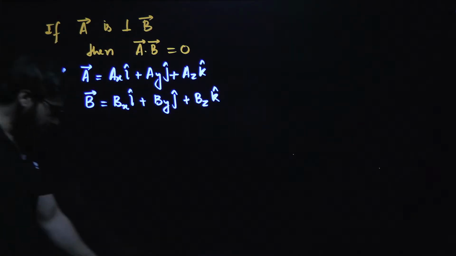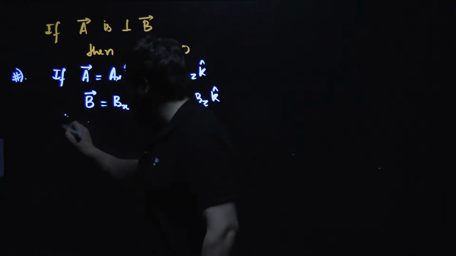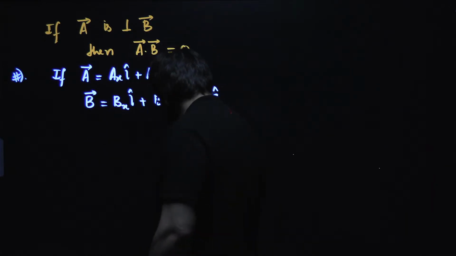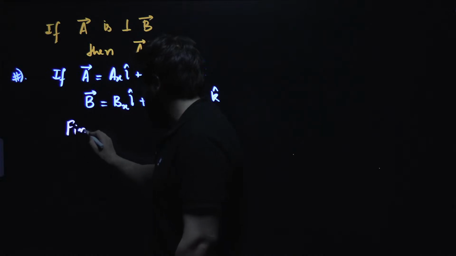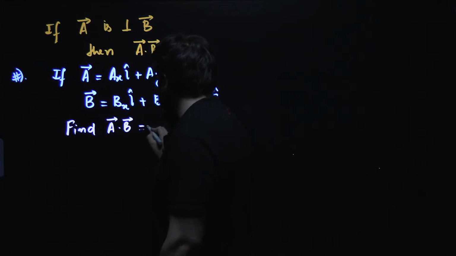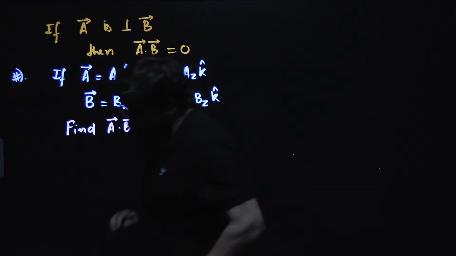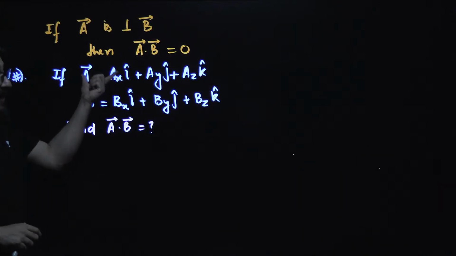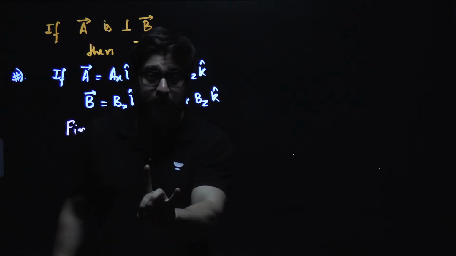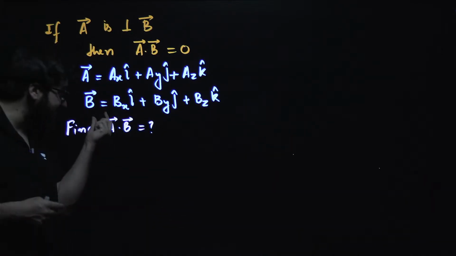Now, my dear friends, if somebody asks you to find a dot b, when you have these two vectors given in terms of components, how can we find their dot product?